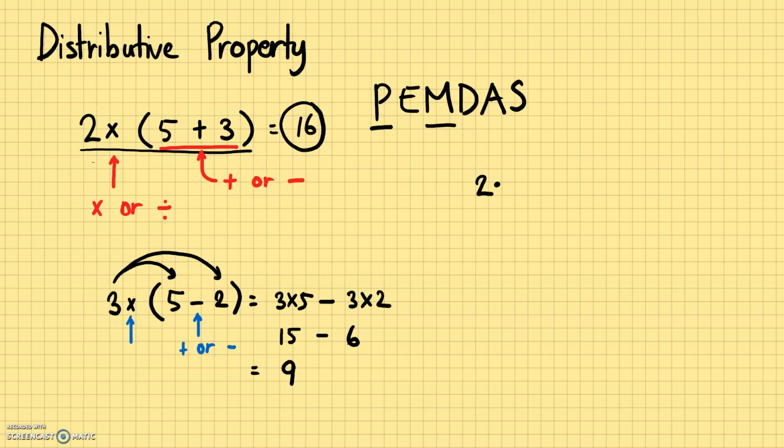So 2 times (x plus 3) equals 26. Okay, so we can simplify this part first, and you can use the distributive property here. Actually, let's have just x here instead of 2x to simplify things a little bit.